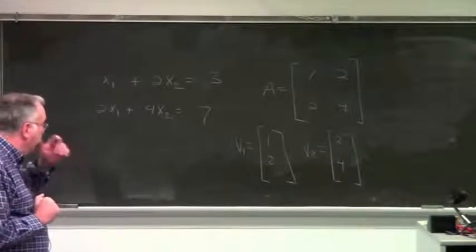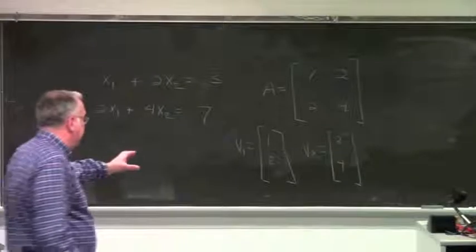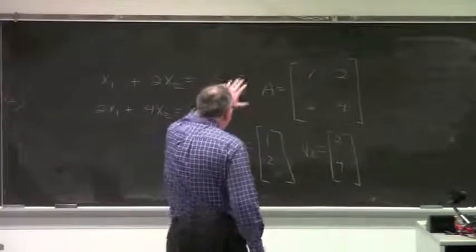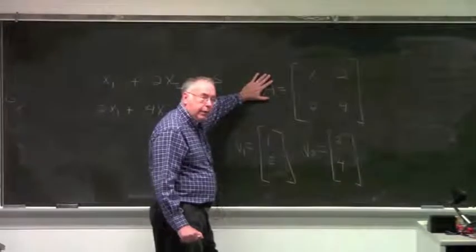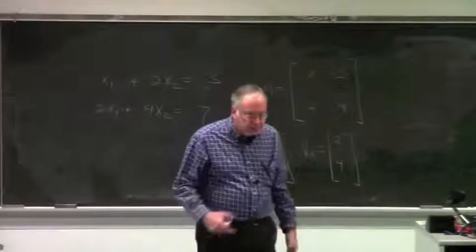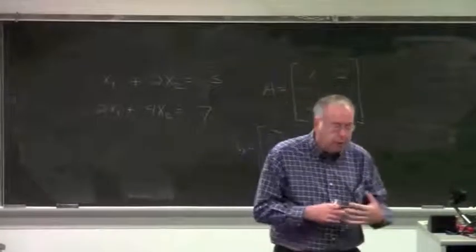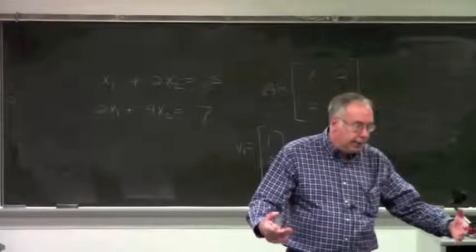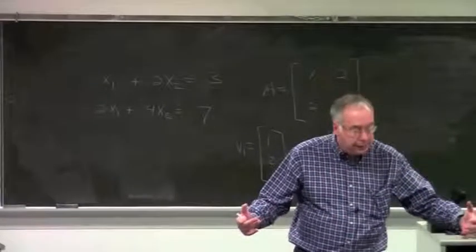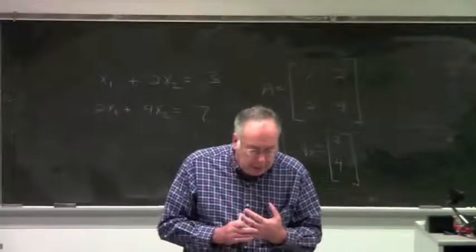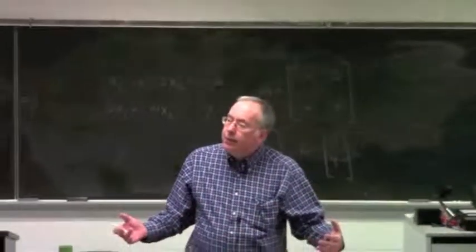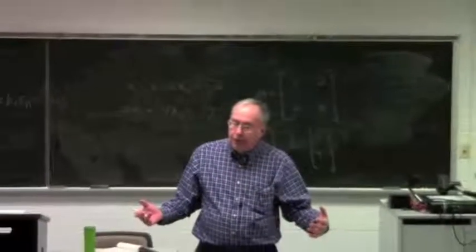So what that means is this coefficient matrix is said then to be singular because the column vectors of the matrix are linearly dependent. And we're going to see what that means is if you try to solve this equation system, in this particular case, you get no solution at all.